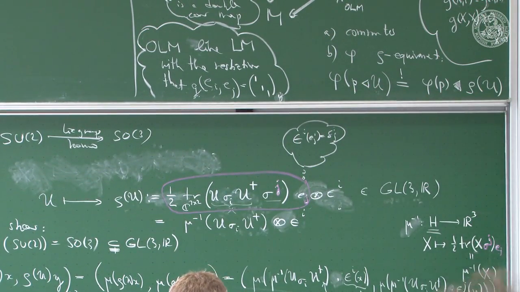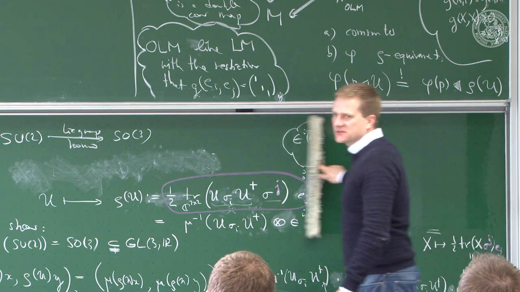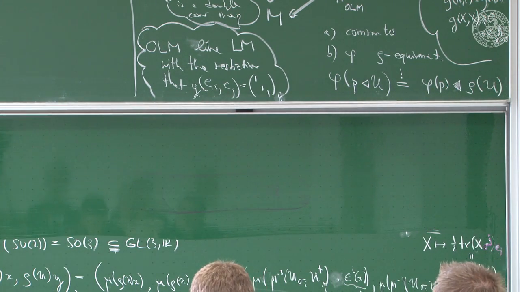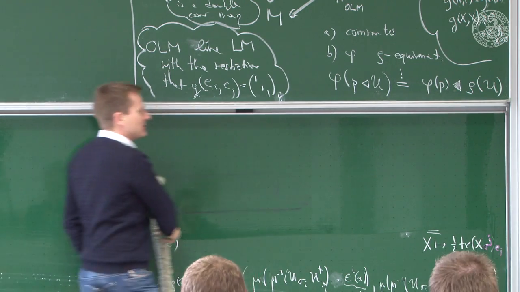And the complicated answer is, it exists if and only if the second Stiefel-Whitney class vanishes. And that's a topological invariant that you can look up how to calculate.